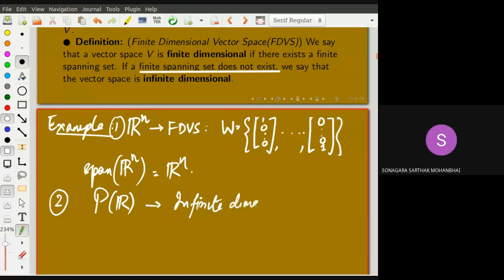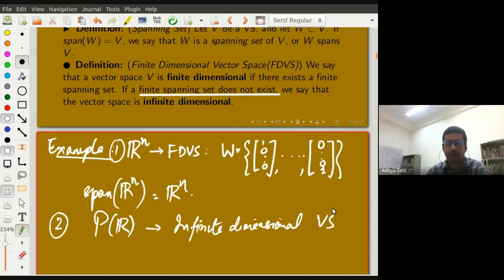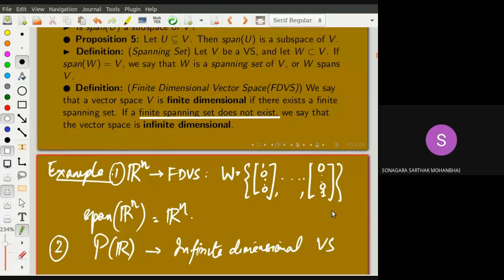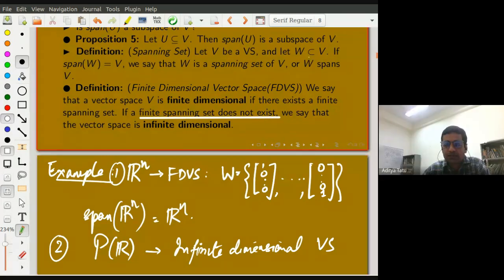Sir, please show the definition of finite spanning set. Sure. So here you have written W is a subset of V, meaning W not equal to V. No, that's a typo. So it could be subset or equal to.